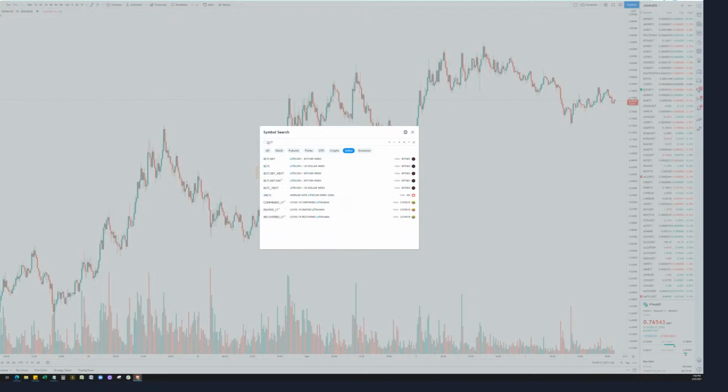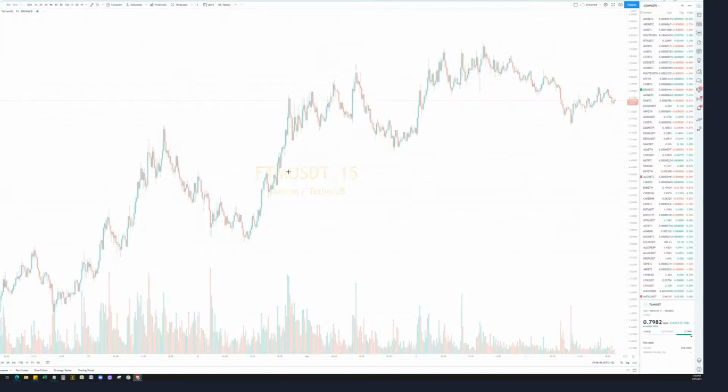Nothing called LIT. Not sure what I meant by LIT and TLM. Can you see LIT and TLM? I don't know what that means now because I don't have any coin. Ah, hold on, that's the index. That doesn't help. Stupid me. Sorry about that. It's on the wrong one.